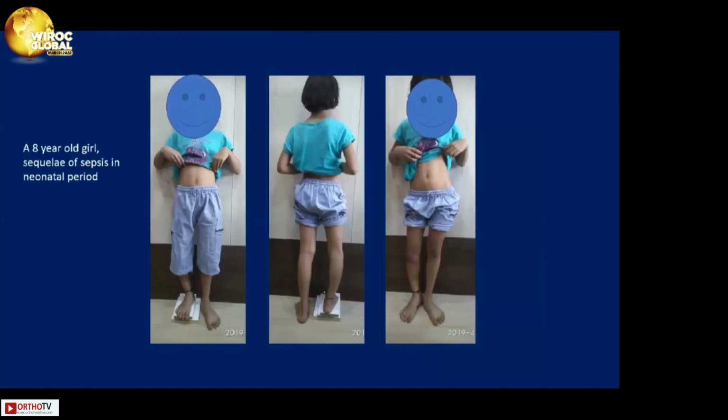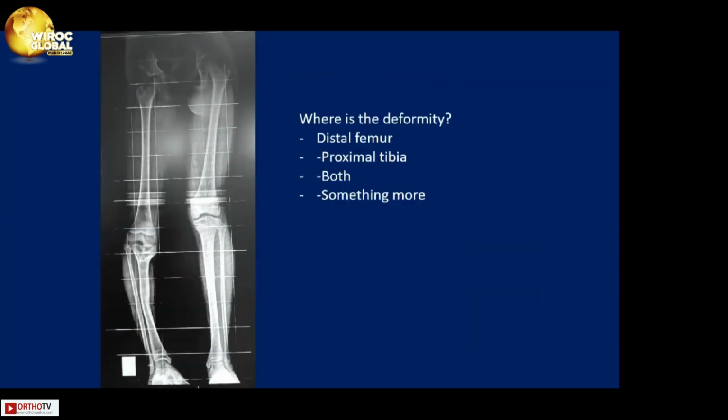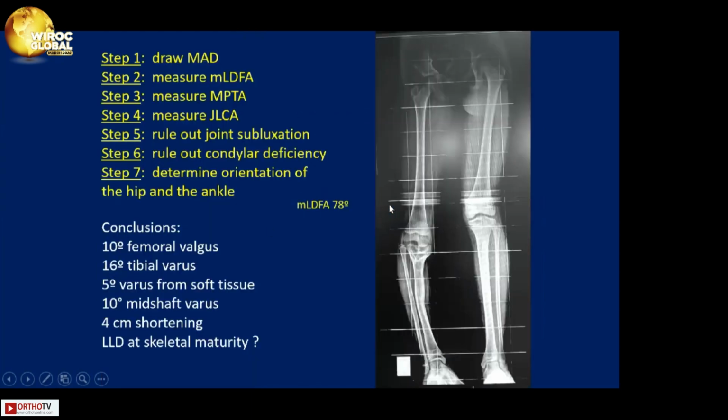Another example, an 8-year-old girl who had sepsis in her knee during the neonatal period. That resulted in valgus of the distal femur, almost closure of the proximal tibial growth plate with varus at the proximal tibia, varus at the diaphyseal femur, and an overgrowing proximal fibula. Deformity analysis was done. She needs deformity correction with lengthening in stage 1, and in stage 2 she will need just plain lengthening.